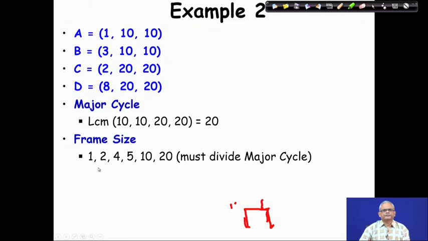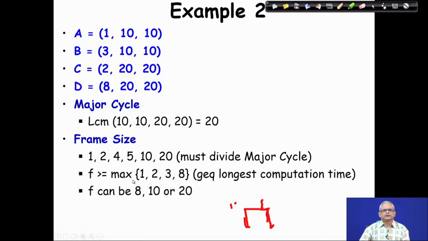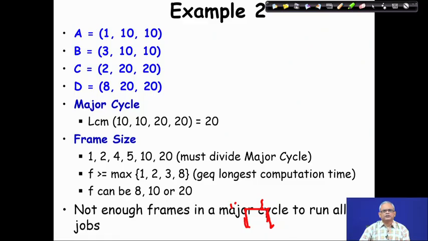So, we find that it must divide the major cycle, and based on that condition we get 1, 2, 4, 5, 10 and 20, but then it must be larger than 8, and therefore, we have only 10 and 20 as possible frame sizes. So, the frame size can be either 10 or 20. If it is 20 we have just 1 frame, and if it is 10 we have just 2 frames.